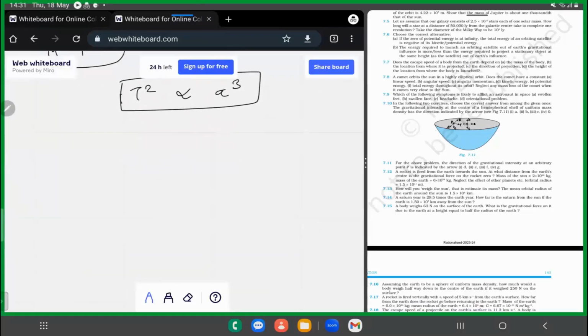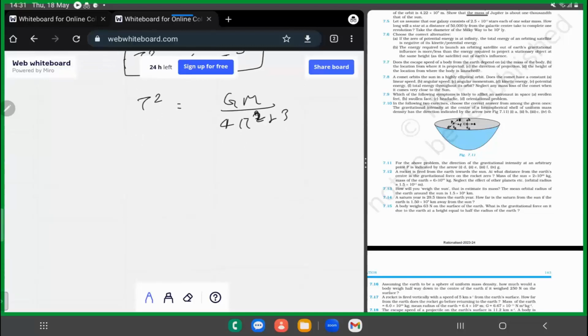You know that the time period T square is given by... 4 pi square, this is square basically. This we derived in the last lecture.